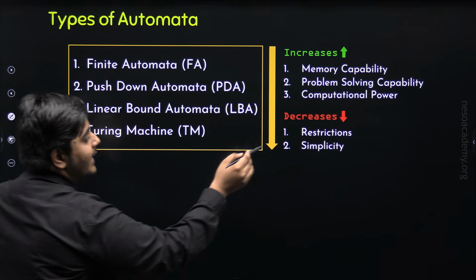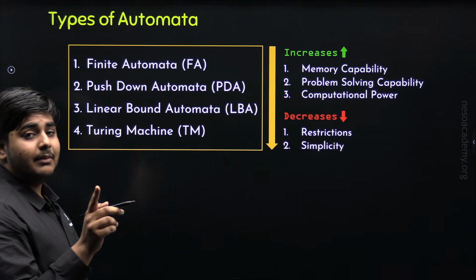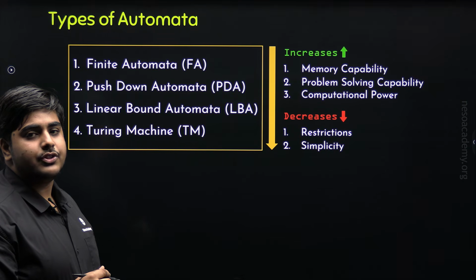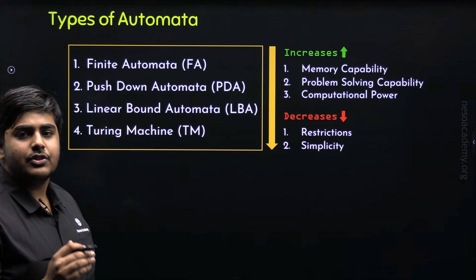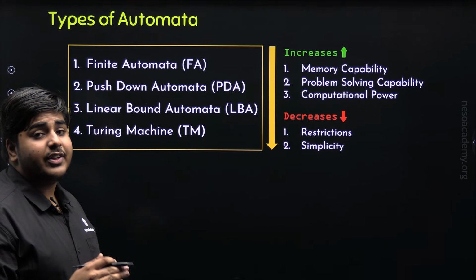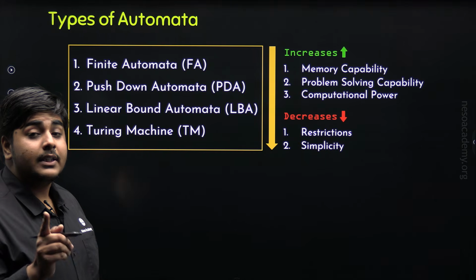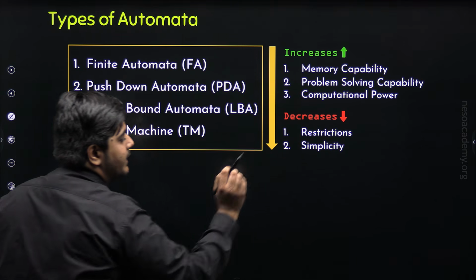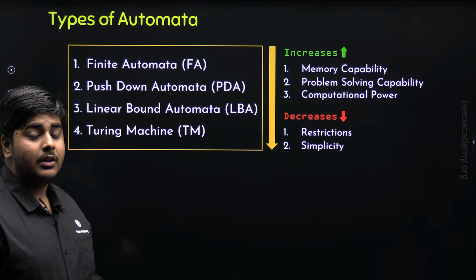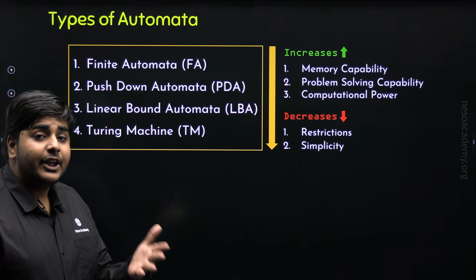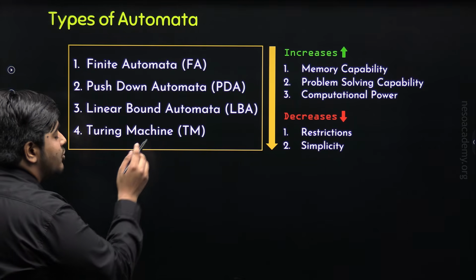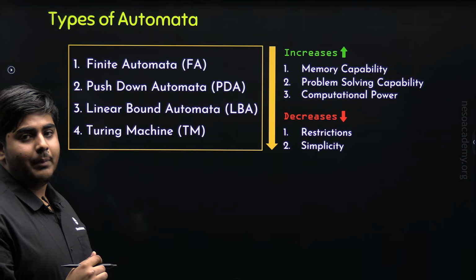Now let's discuss the properties that will decrease as we move from top to bottom. The first property is restrictions. That means finite automata is the most restricted model of computation. There are many rules and regulations to follow, while Turing machine is the most unrestricted model of computation. The second property is simplicity. So finite automata is the simplest model of computation. Finite automata is easier to construct as well as to understand, while Turing machine is the most complex model of computation.